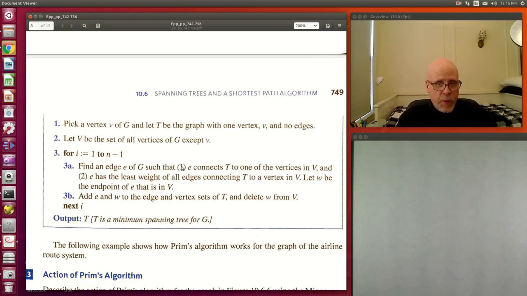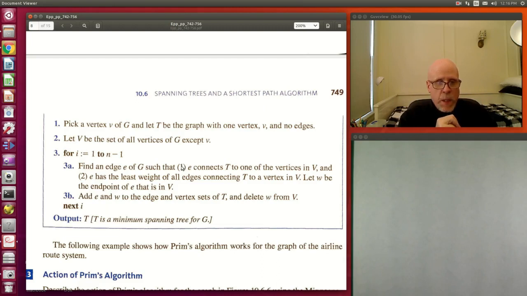T that you've built so far, and the V, which is things that remain to be connected to. And you're looking for all the connections between those two parts, and amongst them find the cheapest one. So that'll amount to finding a whole bunch of edges that satisfy that condition. They go from T to V, sorting that list, finding the least weight thing in it.